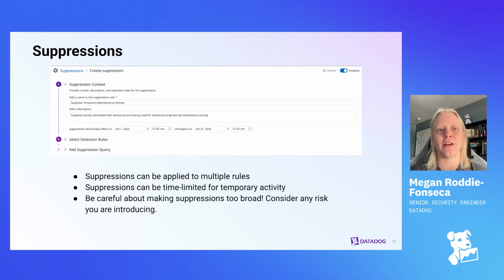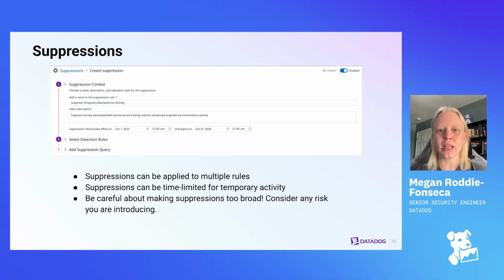We can add a suppression that eliminates a certain subset of activity. We can even set an expiration. So maybe this is just related to a month-long project. We say for the month of October, don't trigger any detections for any rules where the service account is this or the AWS account is this.